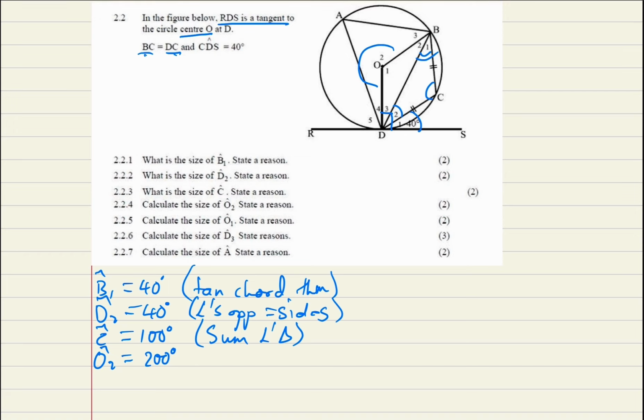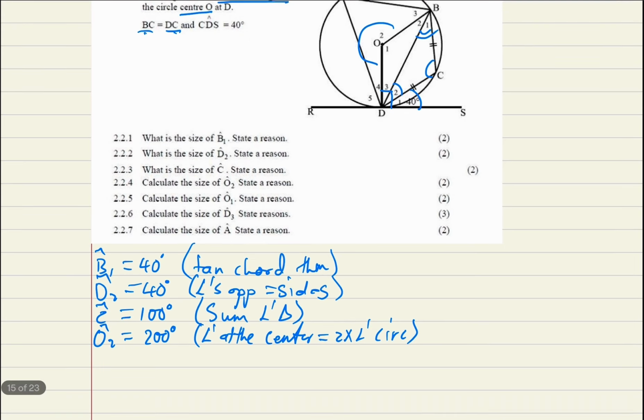Why is angle O2 equals to 200? That is angle at the center. At the center is equals to 2 times angle at the what? At the circumference. Okay, that is very important.